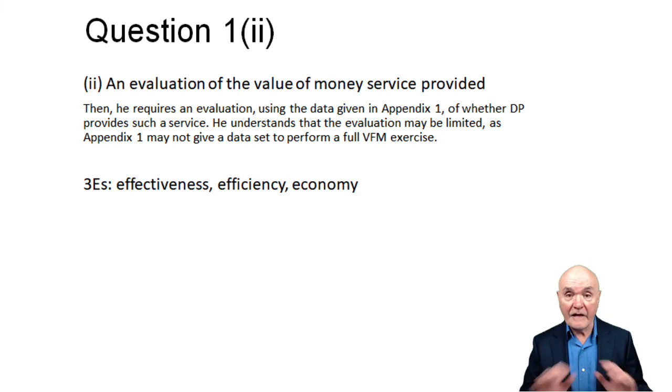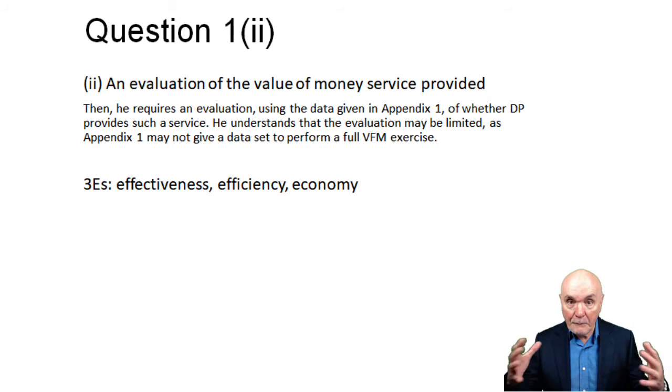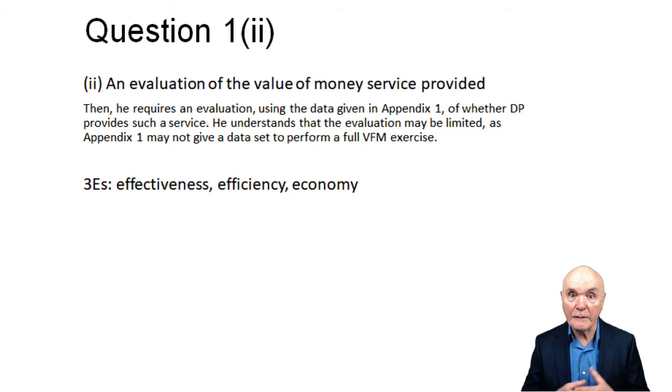Now, if that's what they decide, fair enough, and therefore that will not come into any sort of value for money evaluation. But if they say part of our job is to prevent crime by involving and engaging with potential criminals before they start off in a big way, then that would have to be part of the value for money exercise.